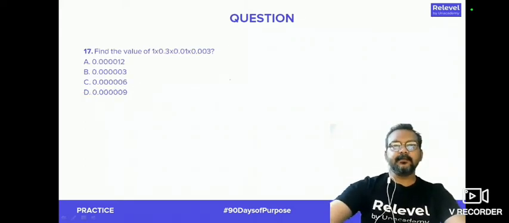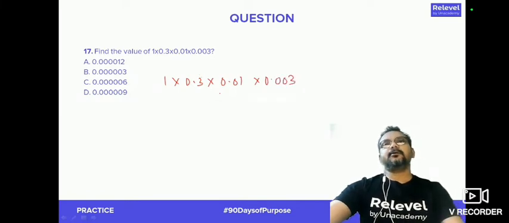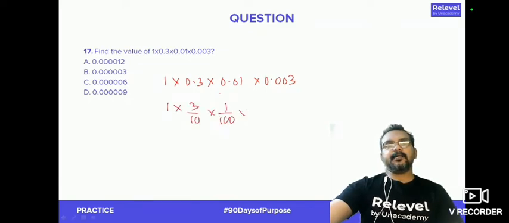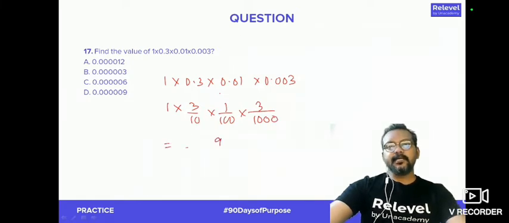Number 17, you just multiply the values. So you have 1 times 0.3 times 0.01 times 0.003. So you just convert this to 1 times 3 by 10 times 1 by 100 times 3 by 1000. So that would give us 9 divided by this.